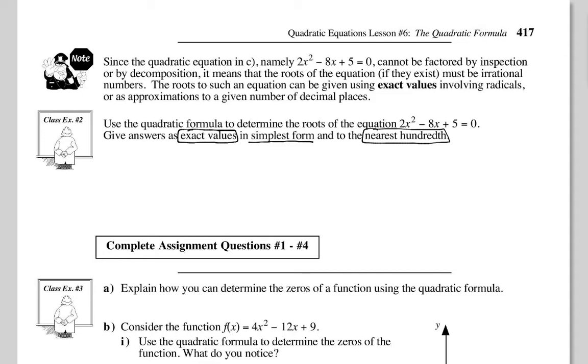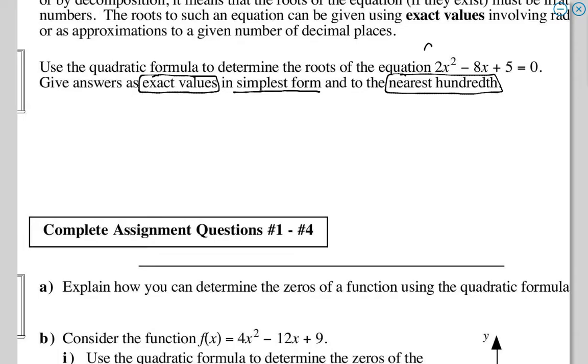Okay, so first things first, A is 2, B is -8, C is 5. Jot down the formula. Negative B plus minus square root B squared minus 4AC all over 2A.